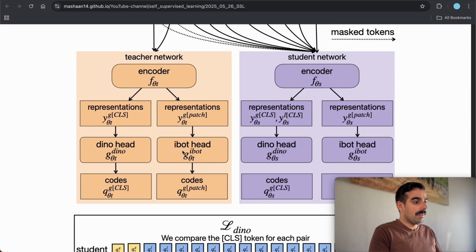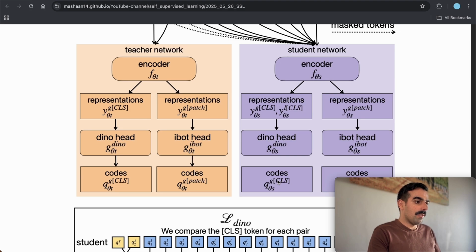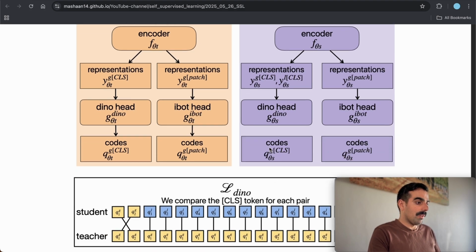In the iBOT paper, this is the same head for iBOT or for DINO, but in DINOv2, they are separating these for a DINO head and an iBOT head. They have the same architecture as in DINOv1, which is MLP, L2 normalization, and prototype layer to get the codes. So we're getting the code for class token, for patch token, for class token, and for patch token.